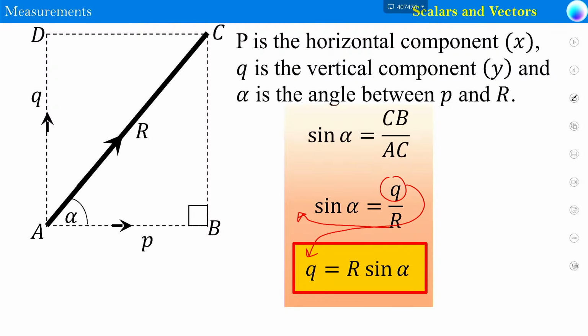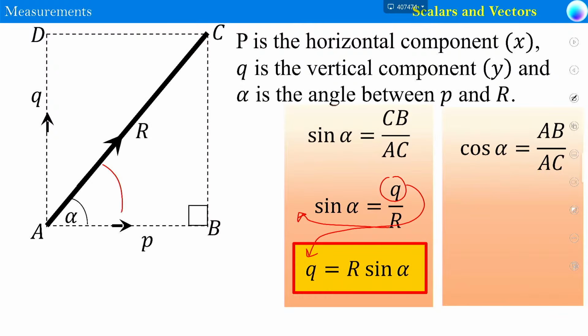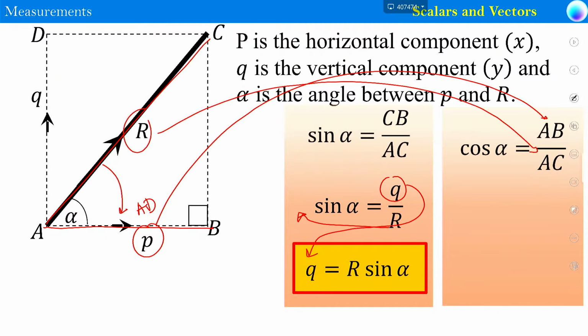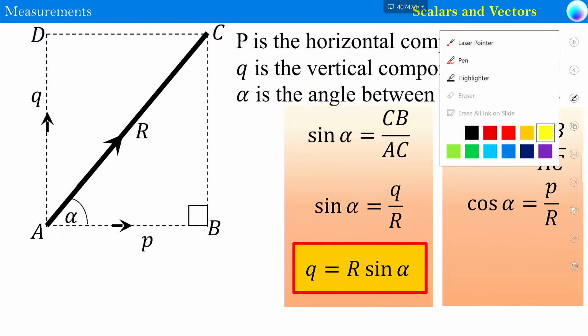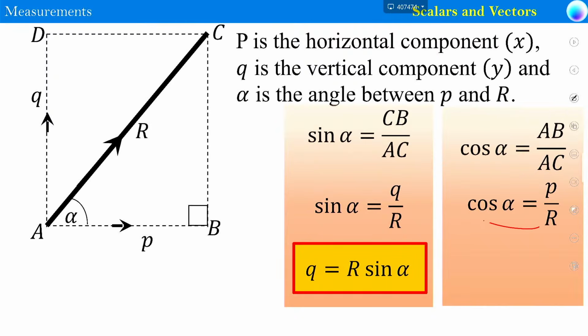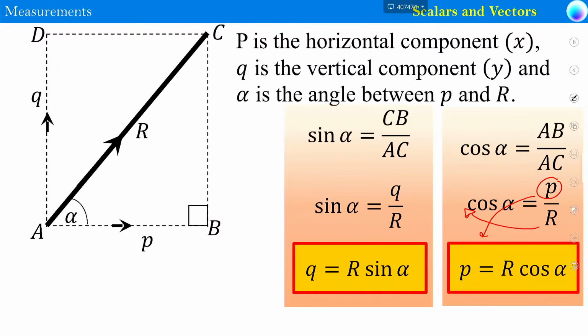And similarly, I like to write cos to the direction of the adjacent side. So that is AB over AC. AB is P, AC is R. So you put P and R. We do the cross multiplication and subject P. Now we have two pieces.